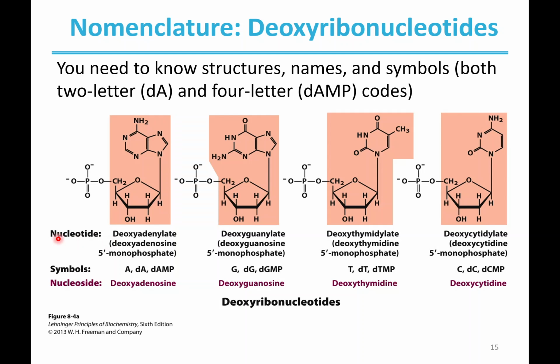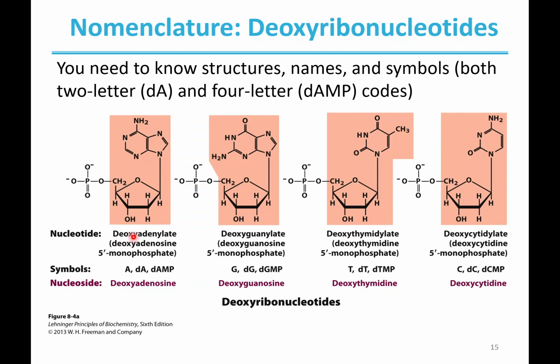The nucleotide names are given here at the top, and also in parentheses a little bit more descriptive name for it. Deoxyadenosine would be the part shaded pink, the nucleoside name, and then you add 5' monophosphate to tell you exactly how many phosphates are there and where the phosphate is.